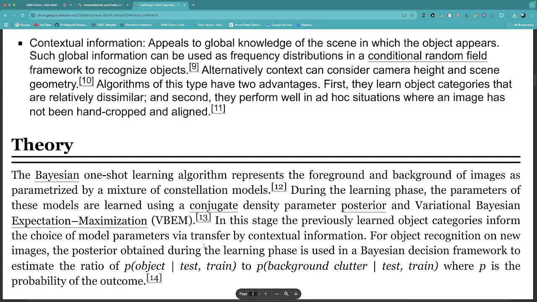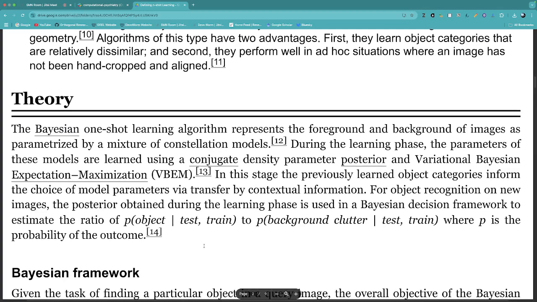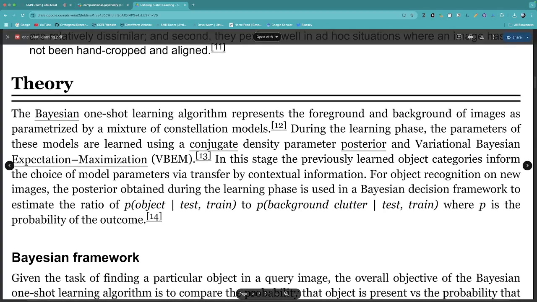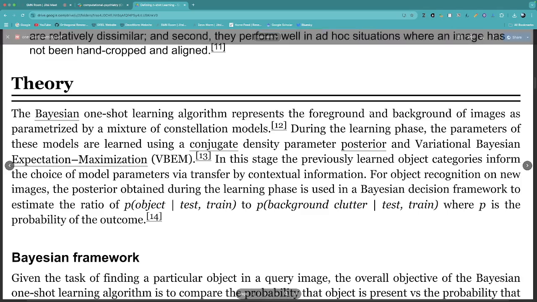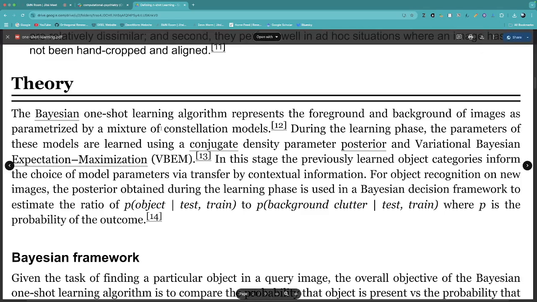So this has a lot to do with Bayesian theory, and again, we have this probabilistic or likelihood model. Bayesian one-shot learning algorithms represent the foreground and background of images as parameterized by a mixture of constellation models.